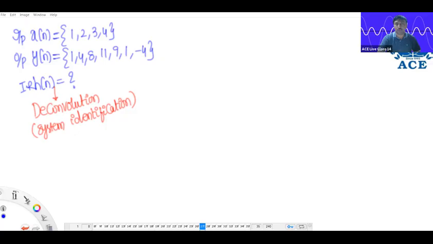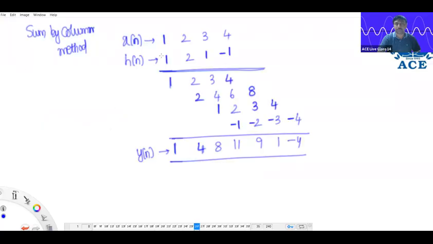What we'll do: because h of n is unknown, assume them as A, B, C, D samples. Make the product, compare the columns. By that way, the answer is obtained easily.